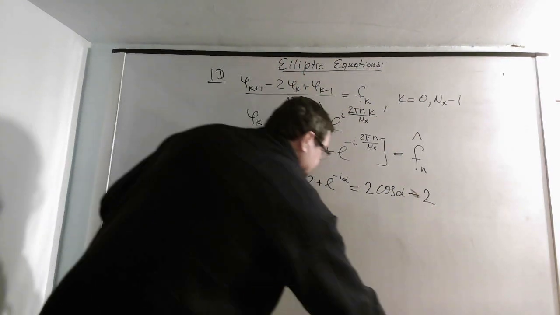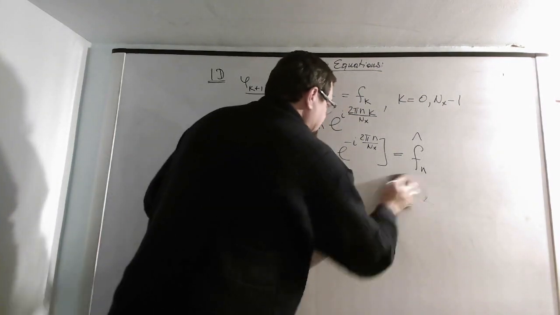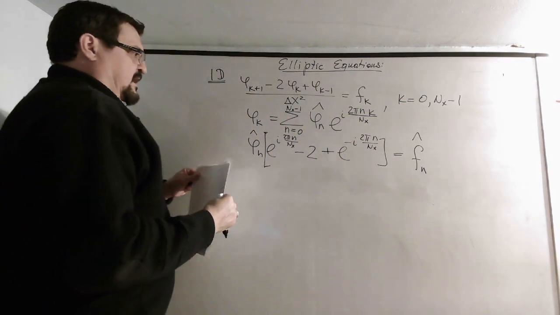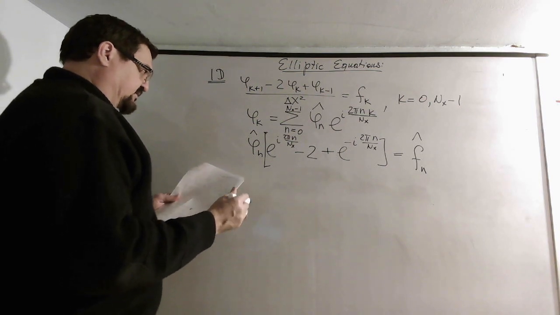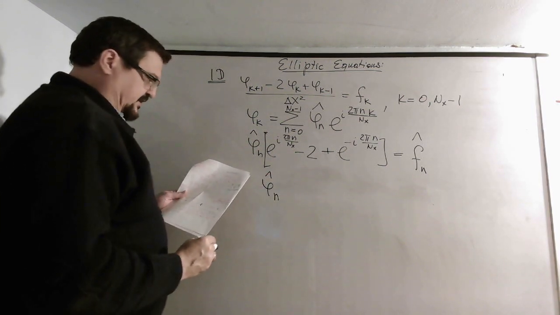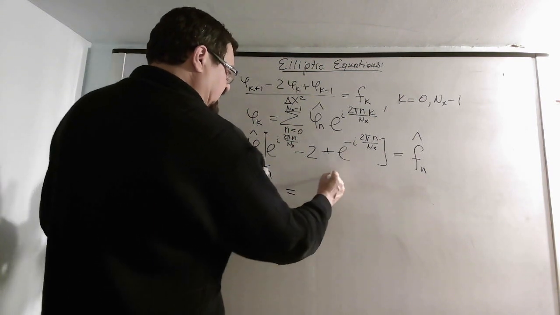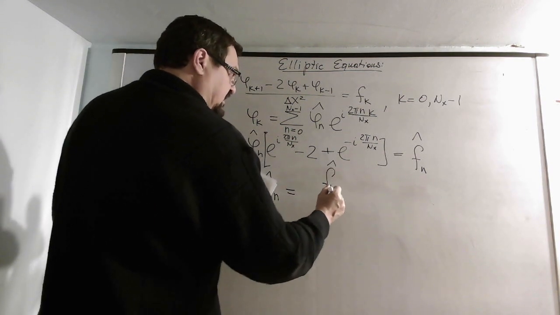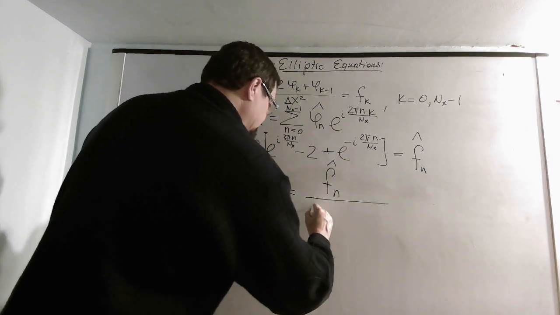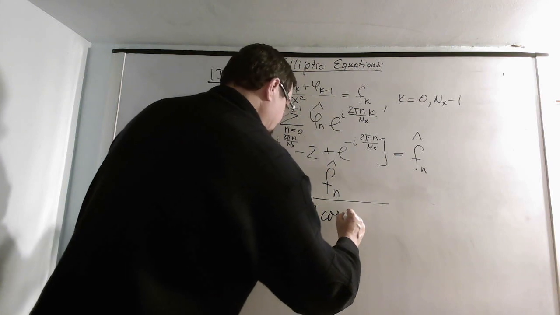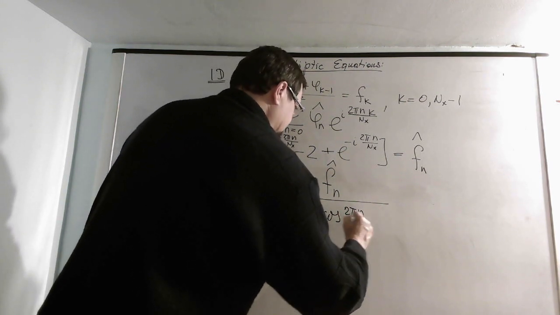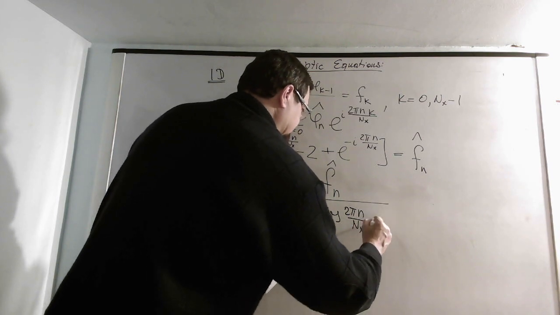So in our case, instead of alpha, we use these guys. So we have that phi n, the Fourier harmonic amplitude, equals f, the Fourier coefficient, divided by 2 cosine of 2 pi n divided by nx, minus 2.